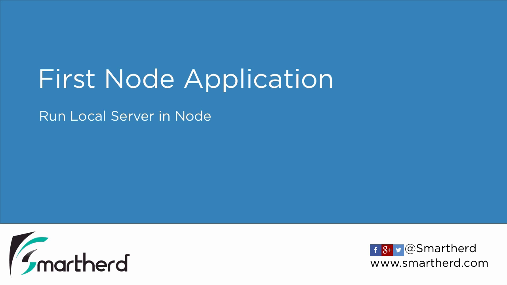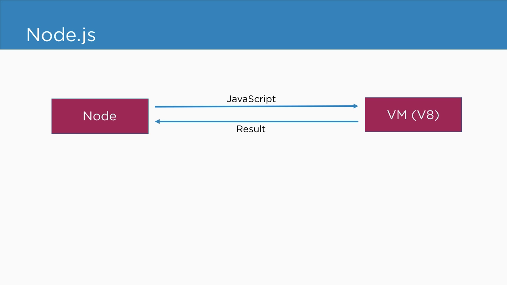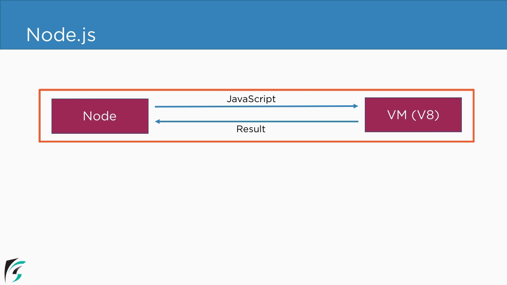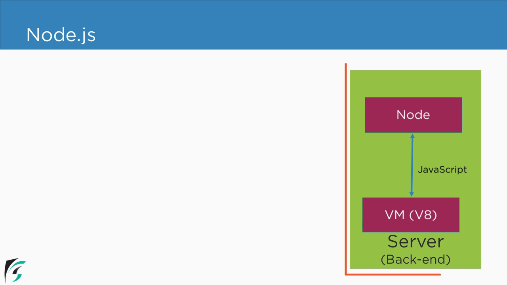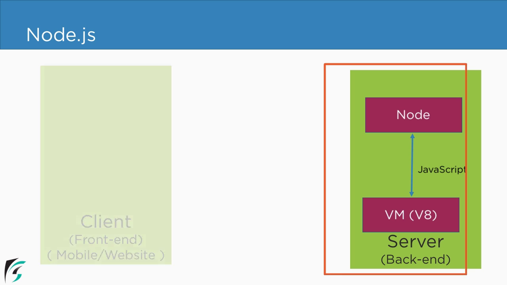Creating first Node application and running our first local server in Node. From the previous video, we know how Node uses a virtual machine such as the V8 engine to execute JavaScript. Well, this is something that happens in the backend server. Now this backend server needs to be consumed by some front-end client.